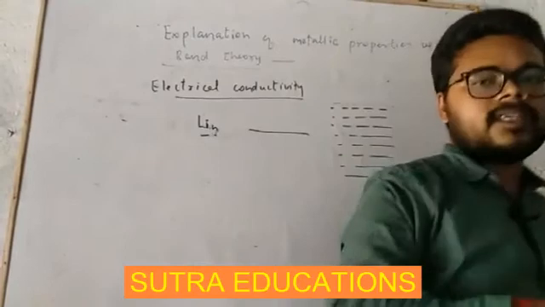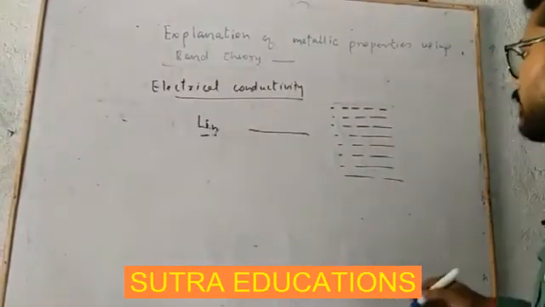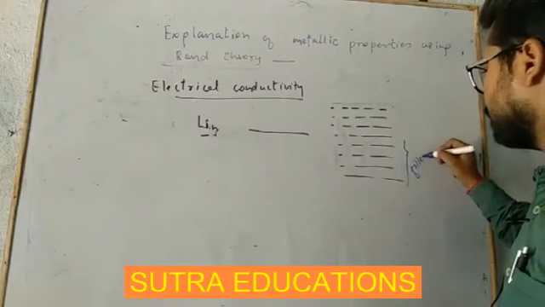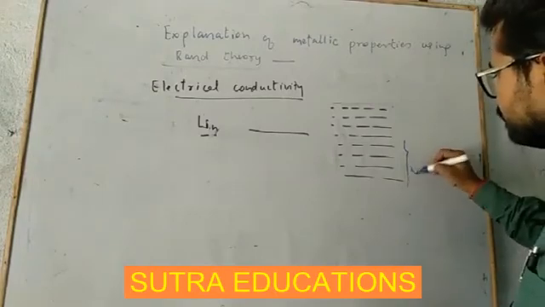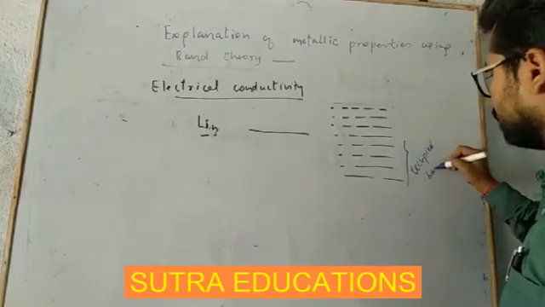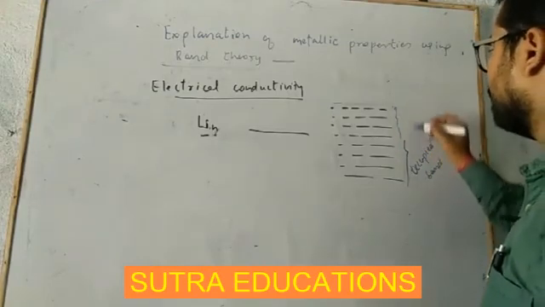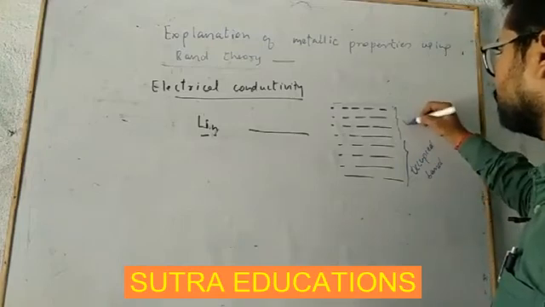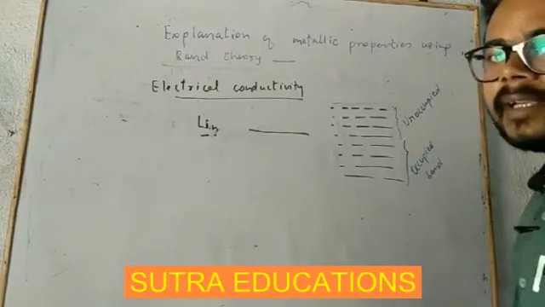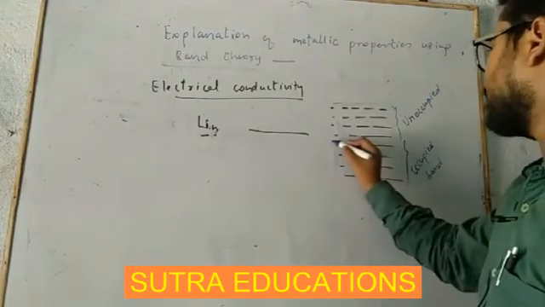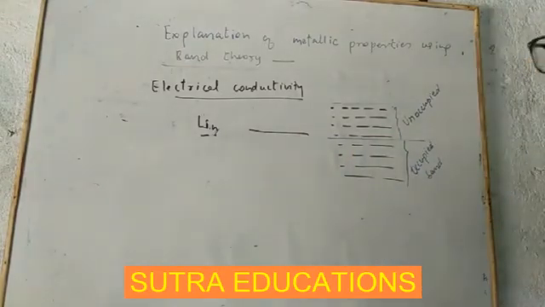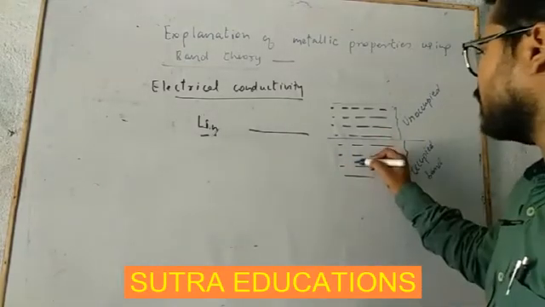In the case of lithium, half of the band will be filled, so these are the filled or occupied band, and half of the band will be unoccupied. Electrons are present up to half of the band.